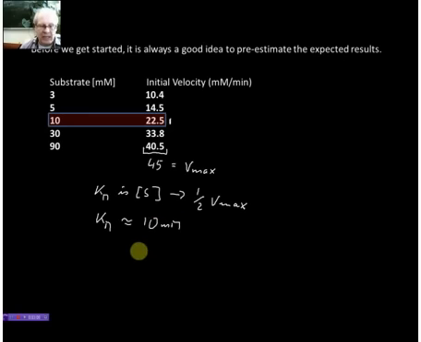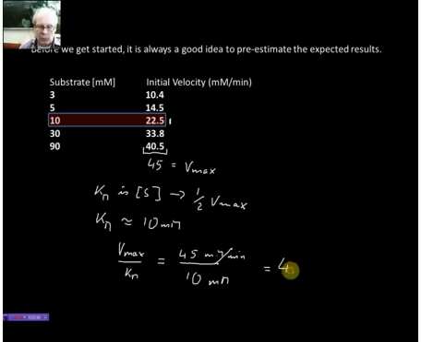And we can very easily calculate from these data our Vmax over Km. This is the enzyme parameter that tells us how the enzyme behaves at very low substrate concentration. So we've got 45 millimolar per minute divided by 10 millimolar. And from that we would get 4.5.